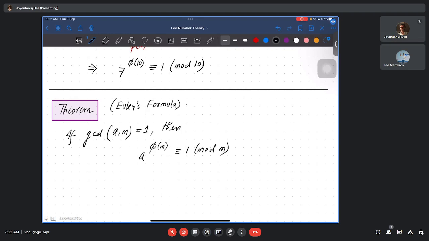Here we have no restriction on whether m is prime or composite. The theorem needs only that GCD of a and m is 1.